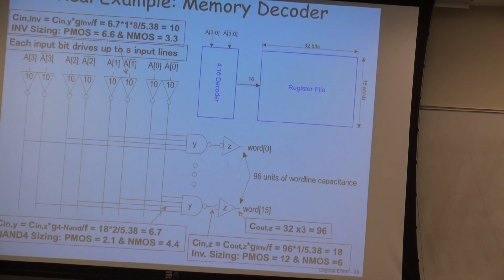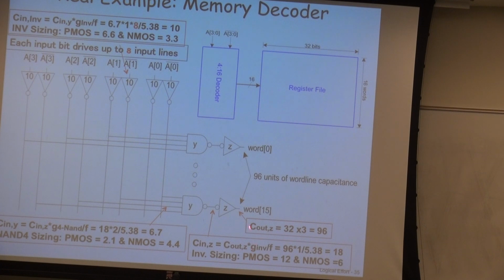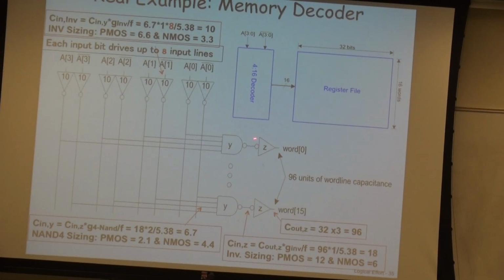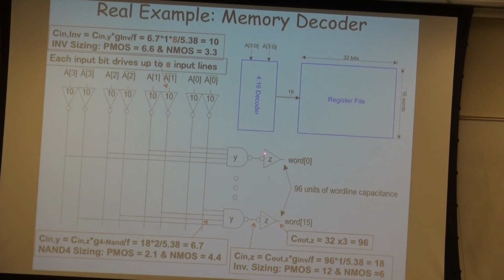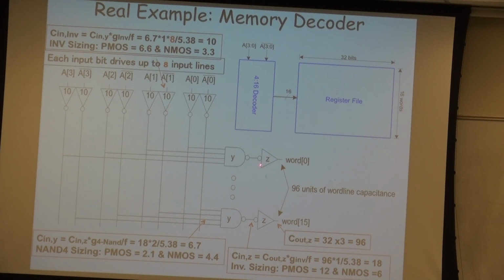Input will be given by that formula, C out multiplied by G in of this divided by F. F is equal to 5.38. So here we'll have an input capacitance of 18. What should be the size of the NMOS or PMOS transistor? PMOS is 2 times larger than the NMOS. So the NMOS will be 6 and PMOS will be 12 for the inverter.